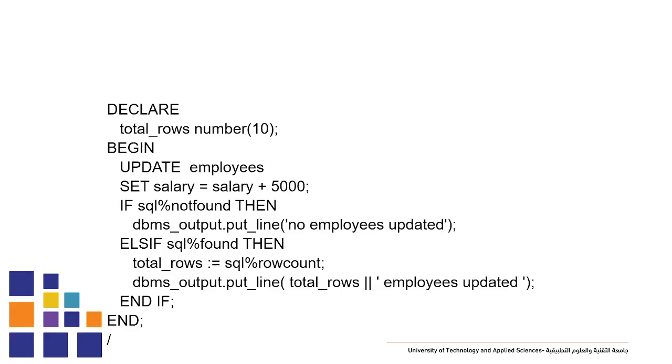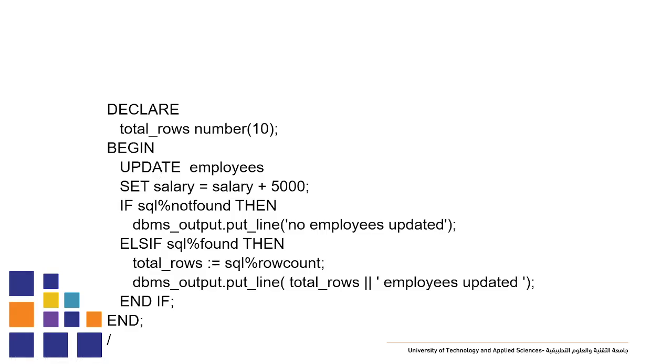So of course, the different sections that we have seen here: the declaration section, the begin and end block, and the conditional logic found in the result of the update within this block.